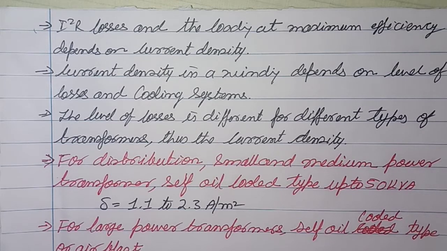Next, the current density in a winding depends on the level of losses and the cooling system. Even in the starting limitations we have just gone through this in a different way.